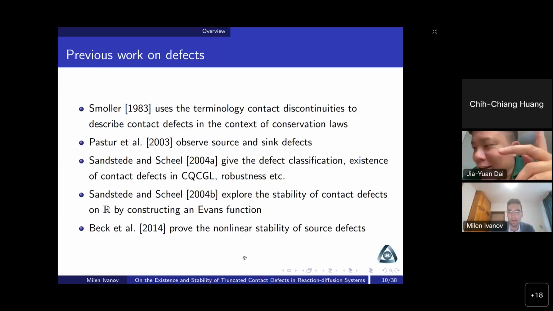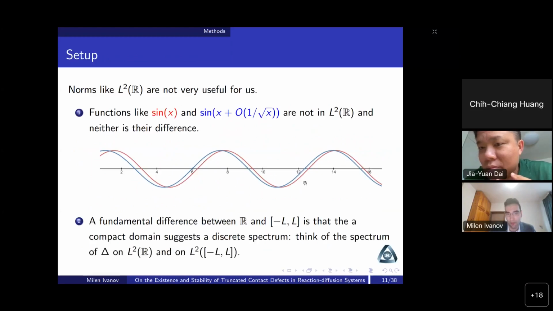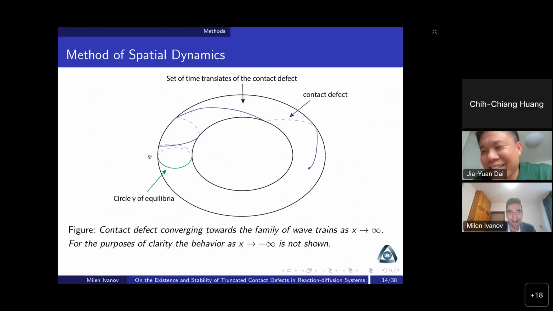Hi, Milan. Yeah. Do you assume that the contact defect UD is unique? I assume it's something called a transverse defect, as it's called by Björn Sandstede and Arnd Scheel. So briefly, since you ask, we have a circle of equilibria, this green circle, which is the wave trains.